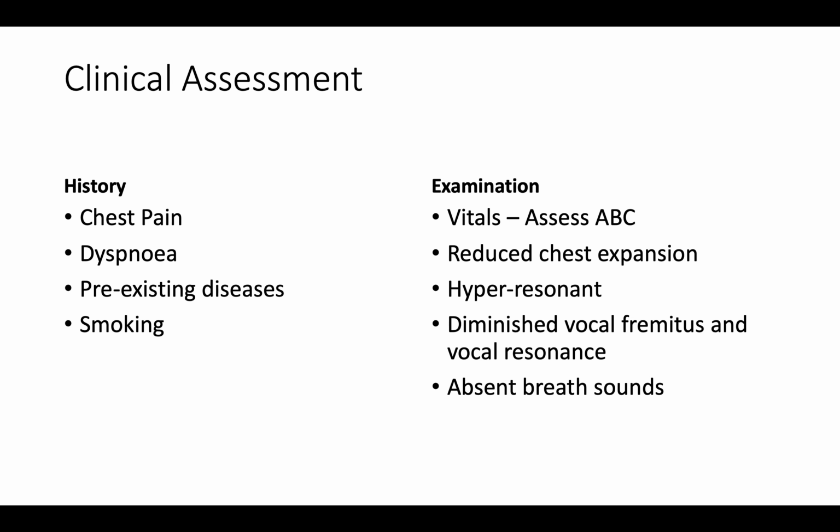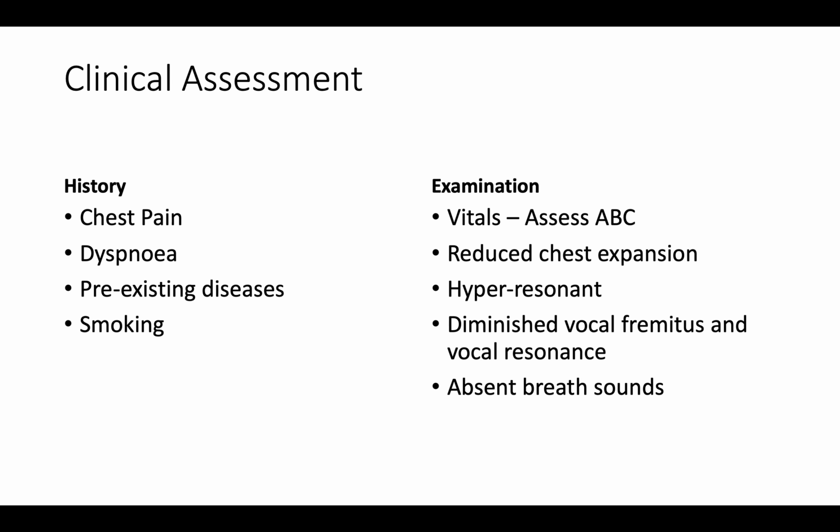In a patient with pneumothorax, the examination of the respiratory system may reveal reduced expansion of the chest on inspiration on the affected side. On percussion, there may be a hyperresonant note.